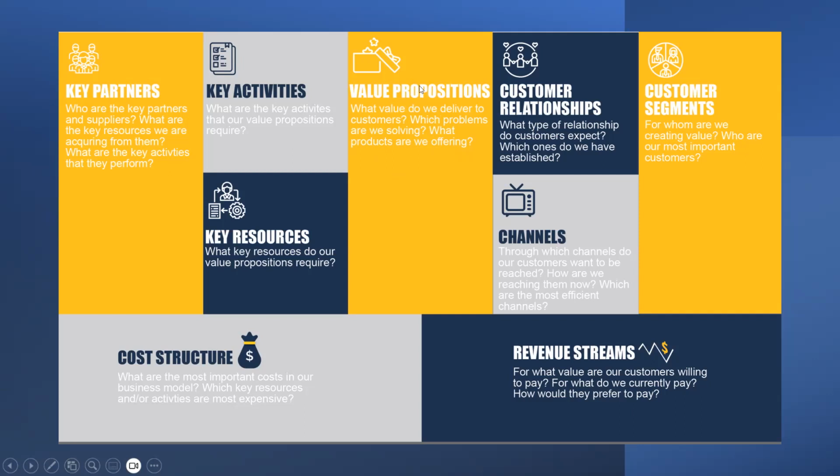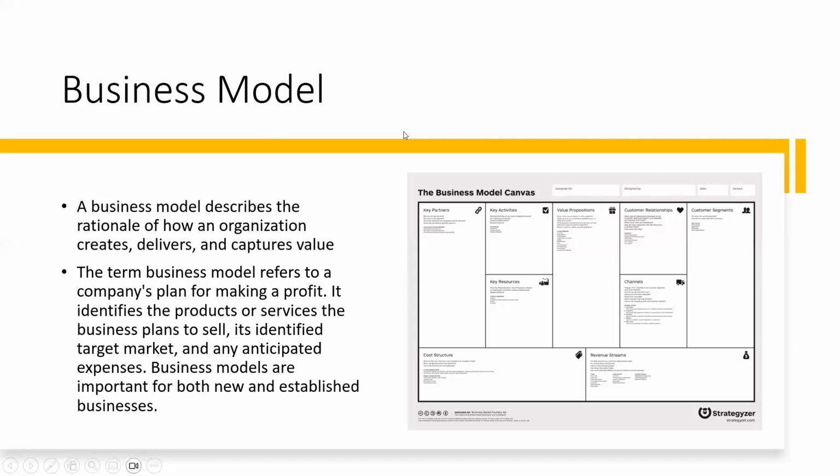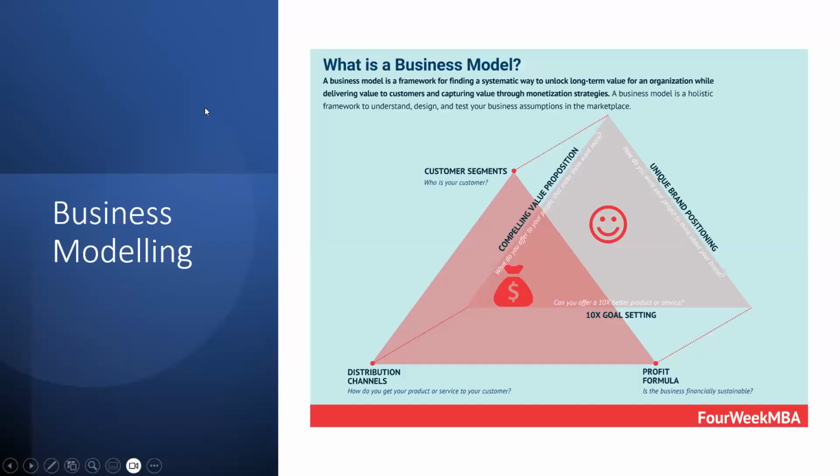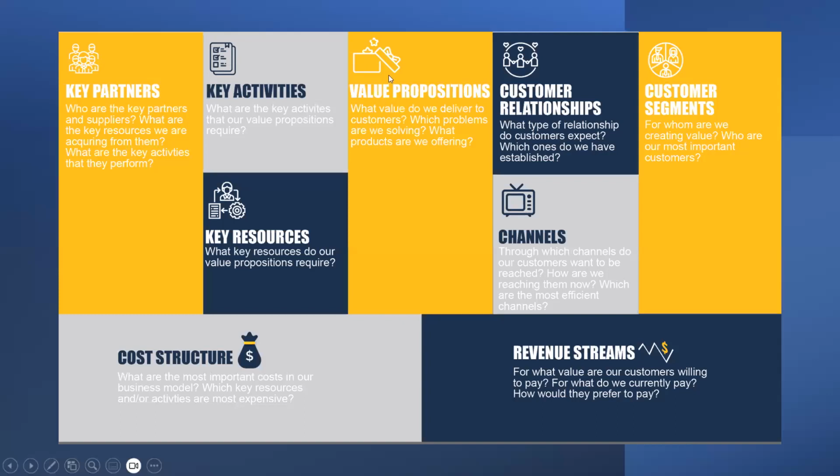So your value proposition for me is the first thing, because if we go back, identify your expertise. Identifying your expertise is trying to define the value you can offer someone. And that's why I will start with value proposition. What problems can I solve?